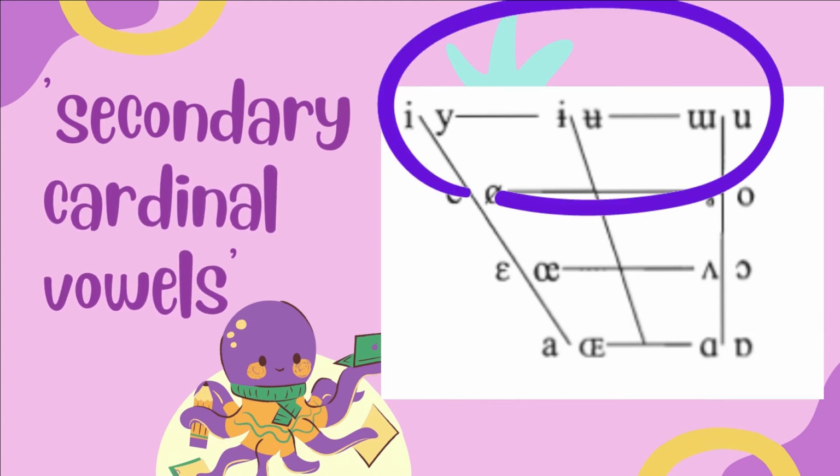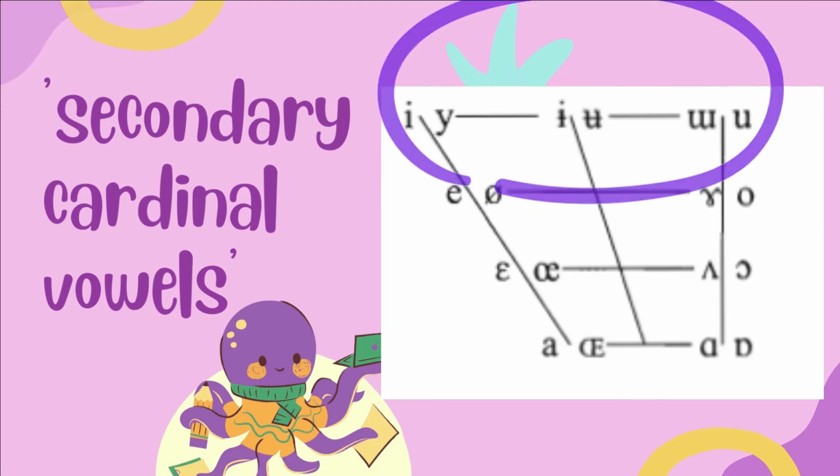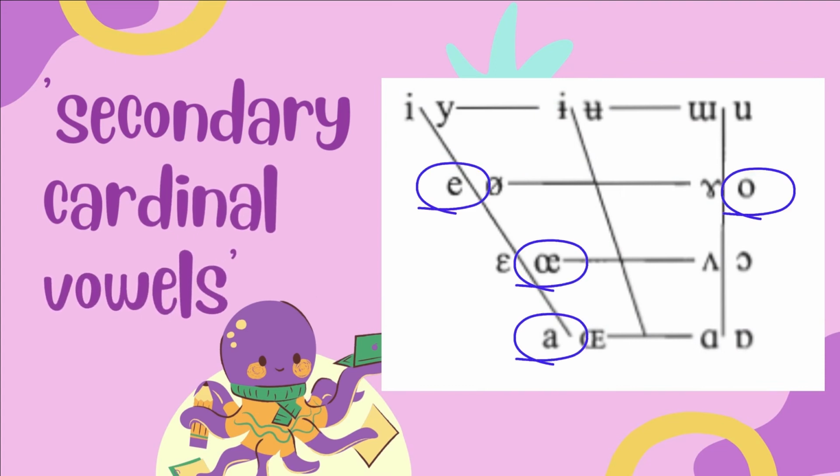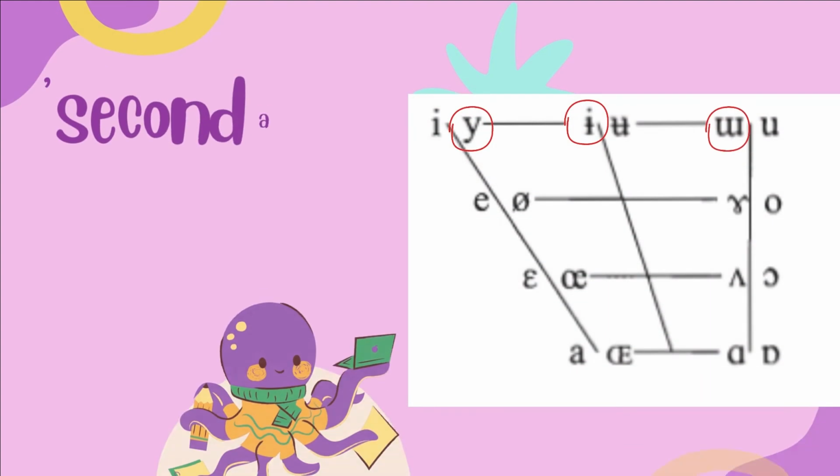So, for example, of the closed vowels, some have spread lips and some have closely rounded lips, and of the open mid vowels, some have slightly spread lips and some have open rounding.